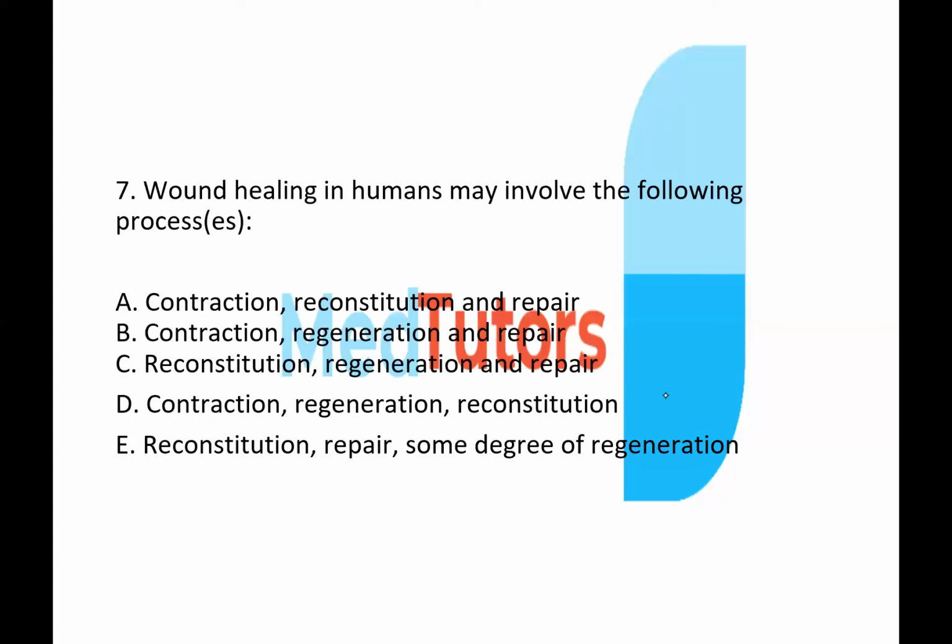But there are some lower animals, invertebrates, that have a degree of regeneration like Hydra. But in humans, it's repair. That's why you have replacement by fibrosis, fibrous tissue. So your correct answer here is B.